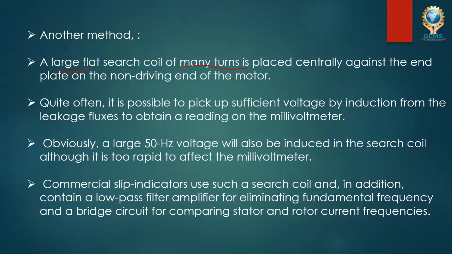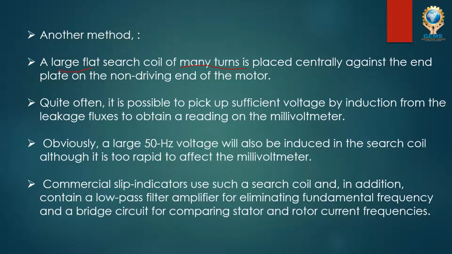If it is 50 hertz, just think, 50 times per second it will go and come back, so how fast it will be. If it happens like that, it will affect the millivoltmeter, because it will be too fast, too rapid. So that is not good.